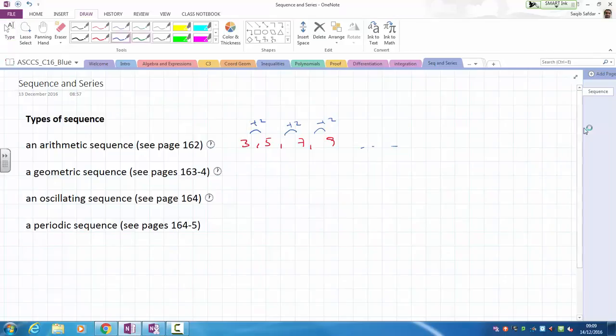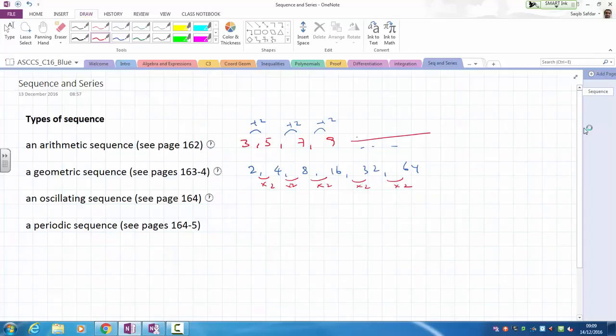A geometric sequence is something like 2, 4, 8, 16, 32, 64. What's going on here? We're just multiplying by 2: times 2, times 2, times 2, times 2.